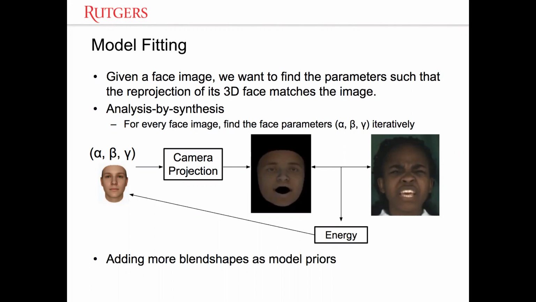Through the camera projection, you get a face like this, and you can compare this face image with the original input face image. If some of the textures or colors do not fit, we define the difference in an energy function and back propagate to fine tune alpha, beta, and gamma.